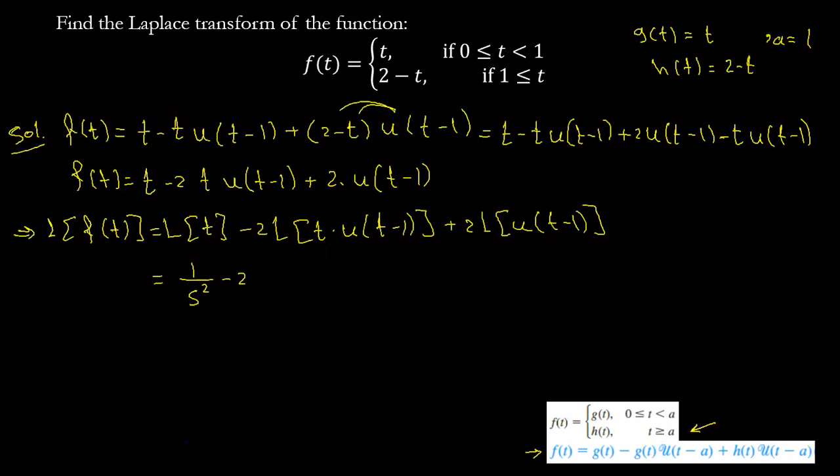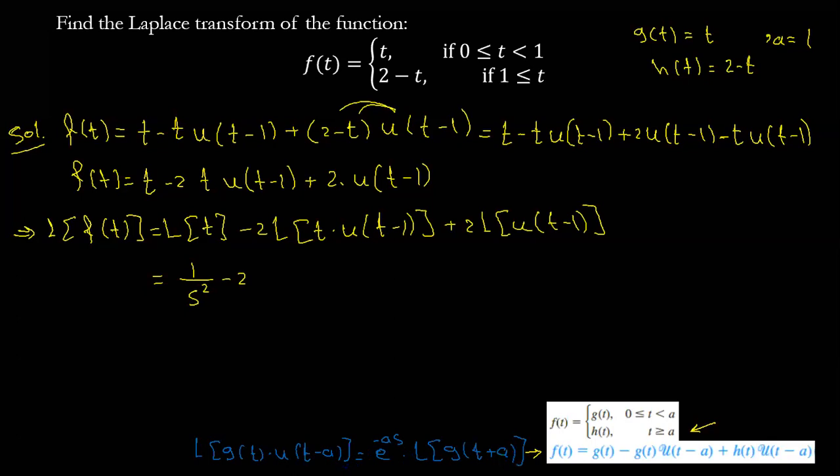Let me tell you, we studied today the following rule. Laplace of g of t times the unit step of t minus a is given to be exponential of negative a s times Laplace of g of t plus a. This is our rule today.